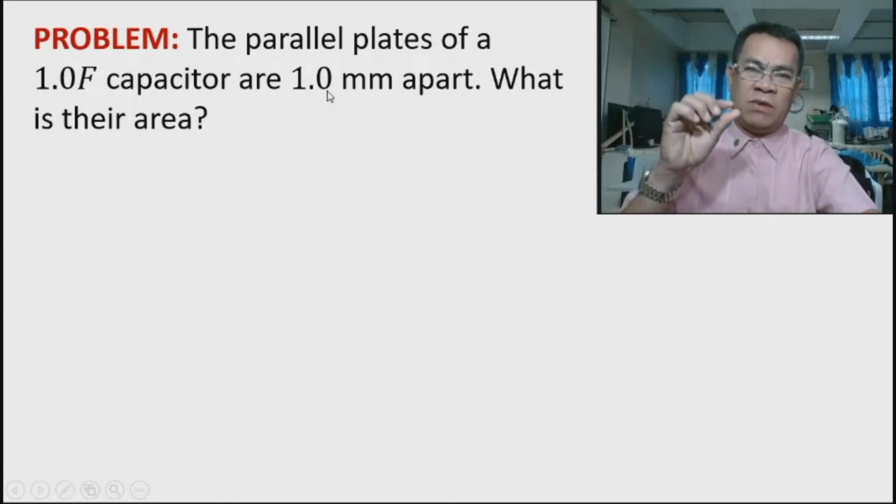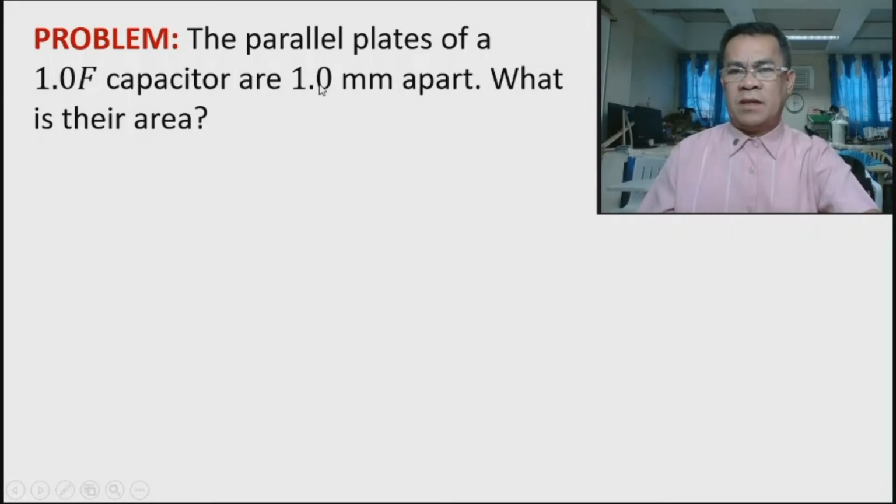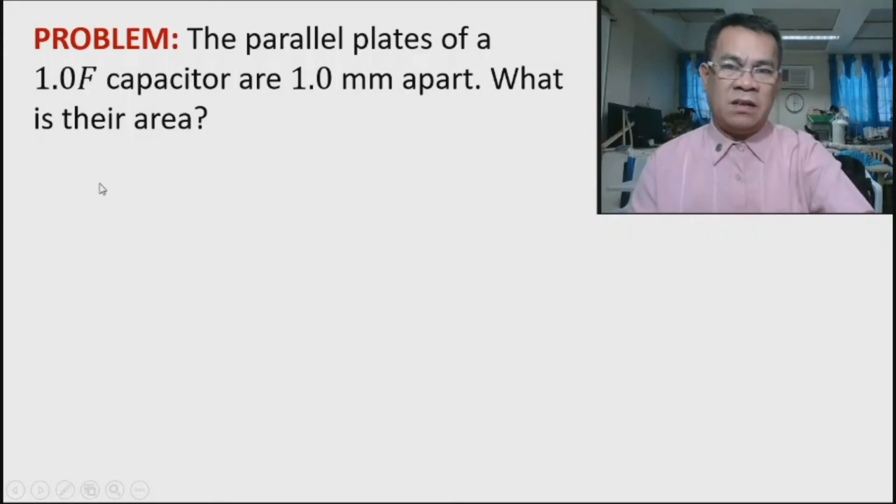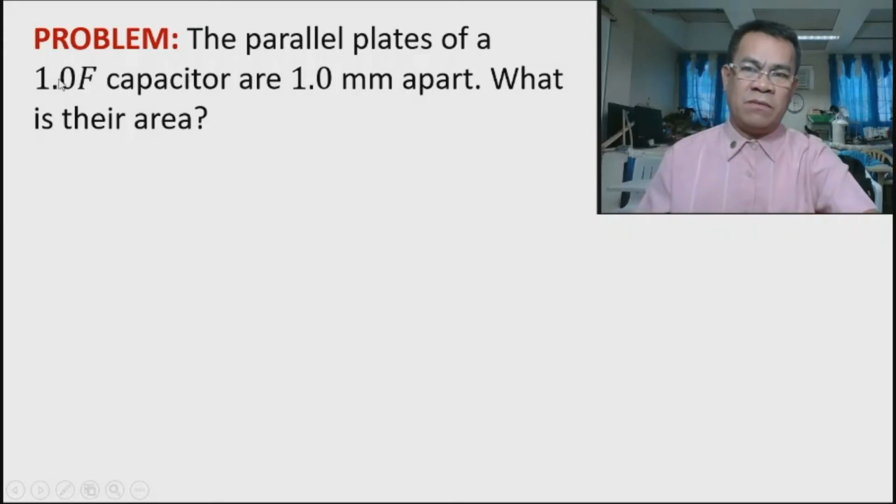Let us say 1 mm, a very small distance between the two plates. Now the question is, what will be the area if we want a capacitance of 1 farad?